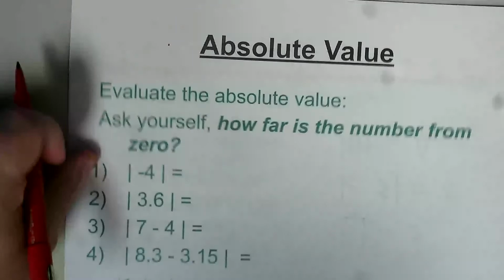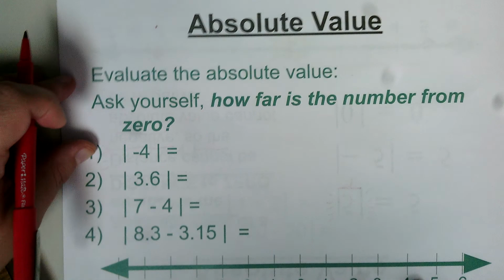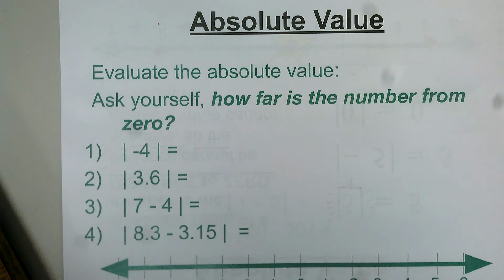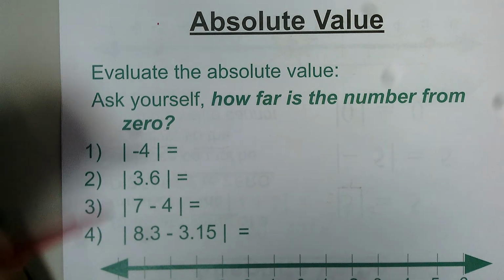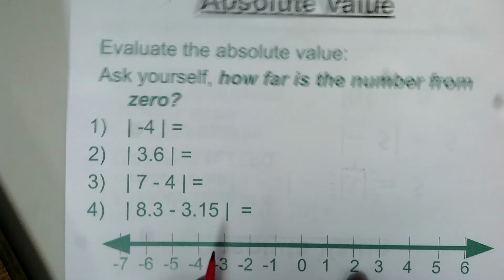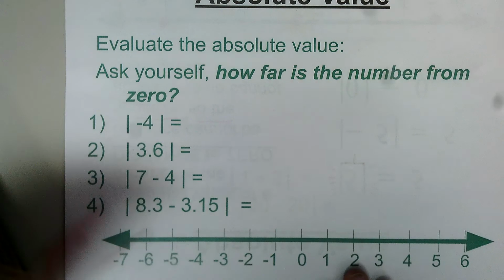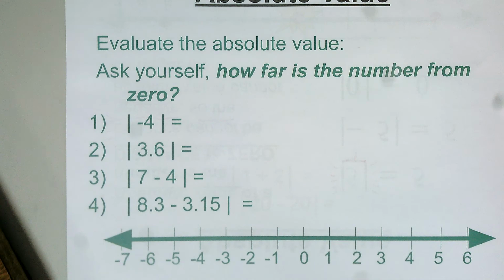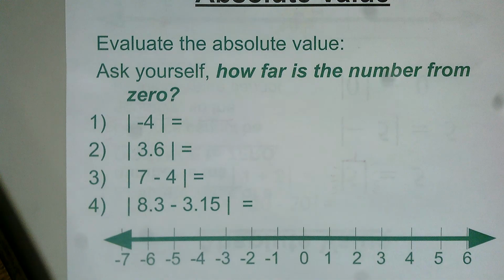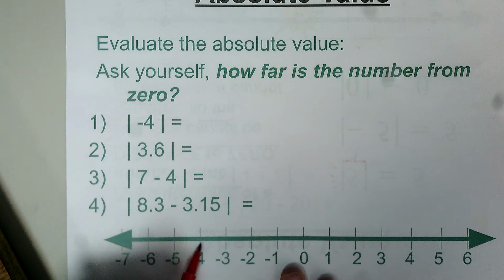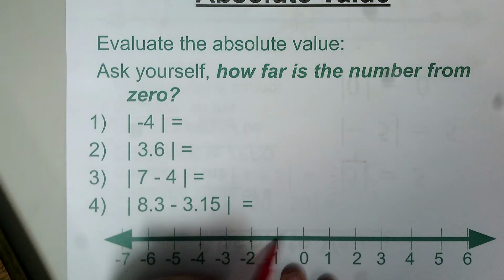Okay, with that said, we are going to evaluate the absolute value. Ask yourself, how far is the number from 0? So if you look on the number line, we have the absolute value of -4. If you look at -4, you can say 1, 2, 3, 4.